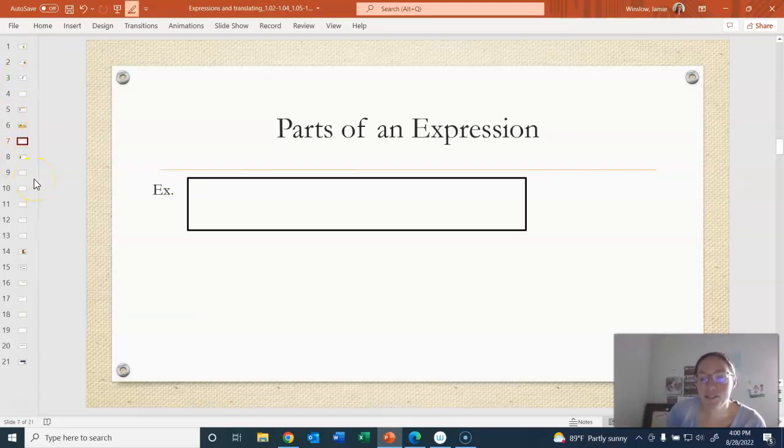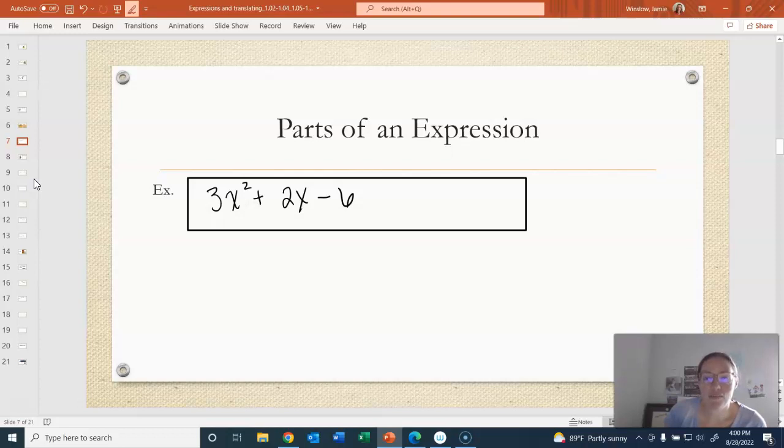So let's look at the parts of an expression. I'm going to write an example here. Okay, here's an example of an expression. There's no equal to symbol.